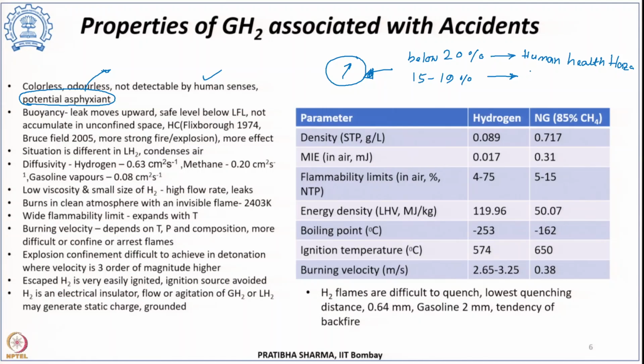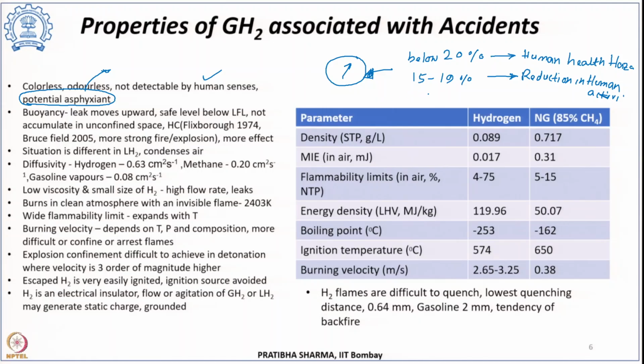Whatever different activities are associated with the human, they may lose their activities. This is the reduction in human activities.